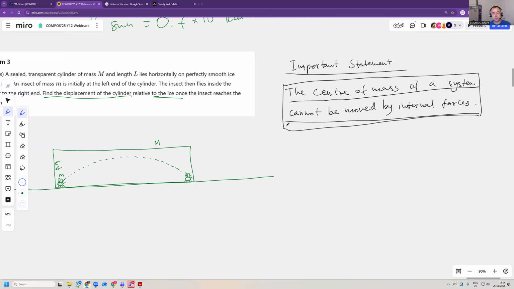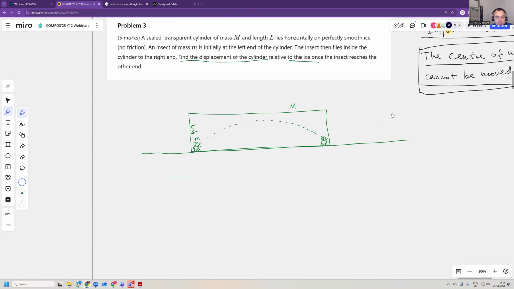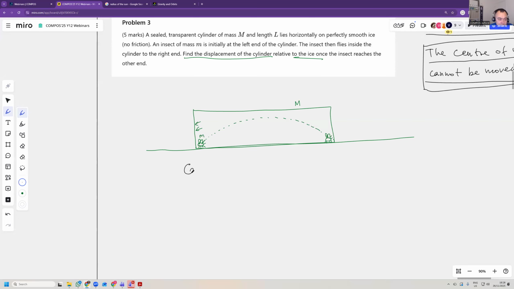But the fly pushing against the air is an internal force, and the air pushing the can is an internal force. And therefore, the center of mass must remain where it is. The center of mass will not move.